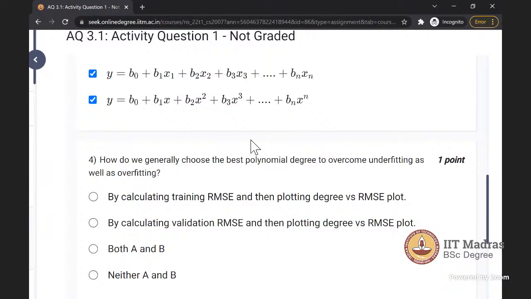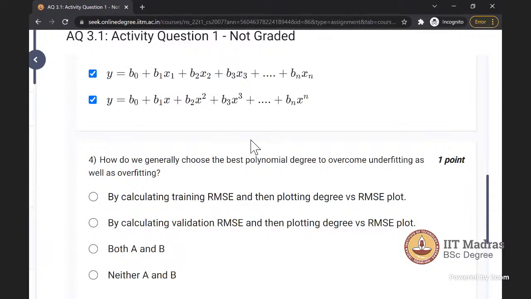Let's go to question number 4. How do we generally choose the best polynomial degree to overcome underfitting as well as overfitting? Okay, that is a great question. What we want to do is choose the best polynomial degree. We don't want to underfit the data, neither do we want to overfit it.